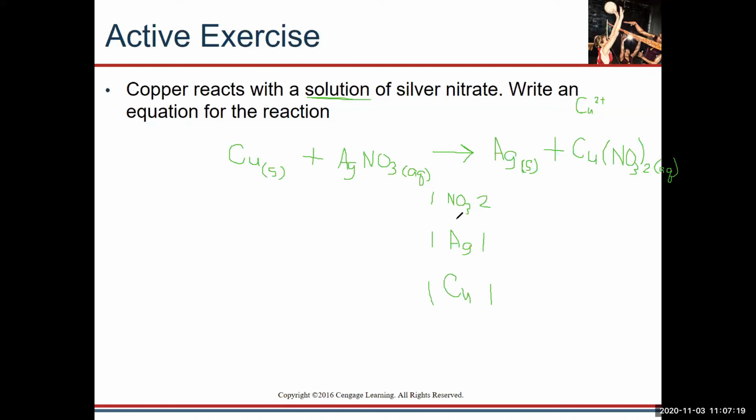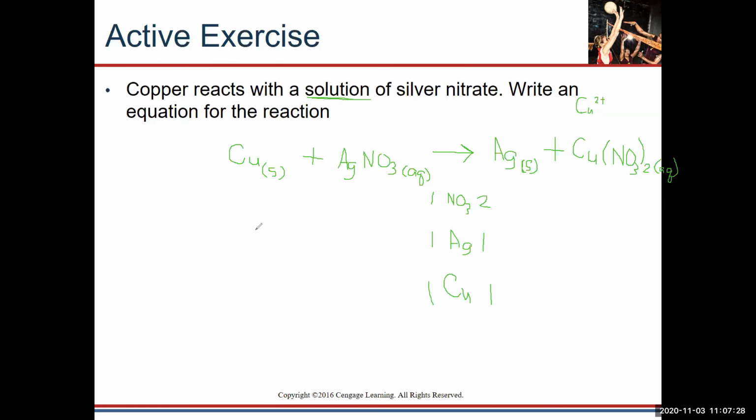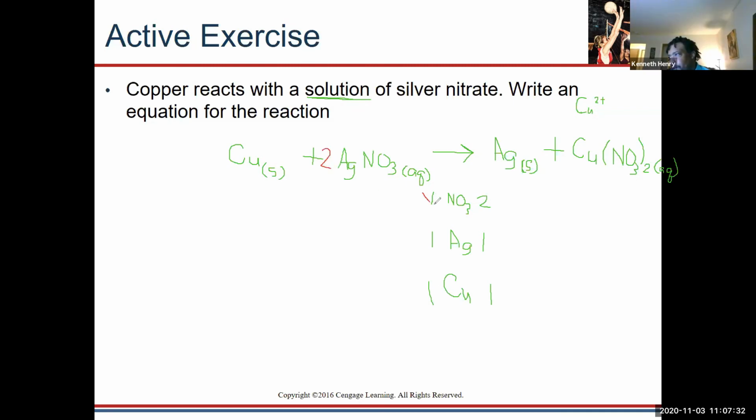You multiply it by 2. Which reactant am I going to multiply by 2? The one in front of Ag. Okay. Good job. So then that means we got 2 nitrates here, and that's 2 silver. Okay. So now what do I need to do to my product to make sure that it's balanced?